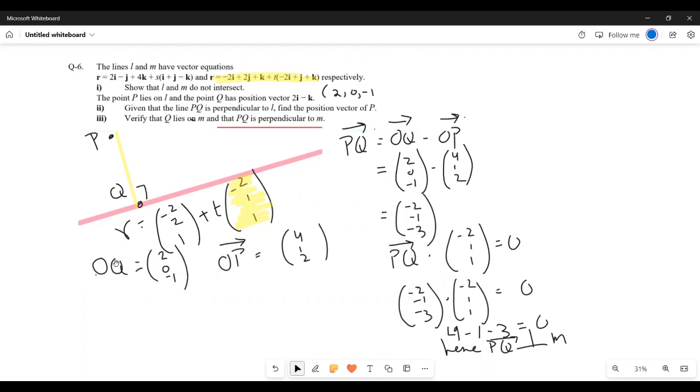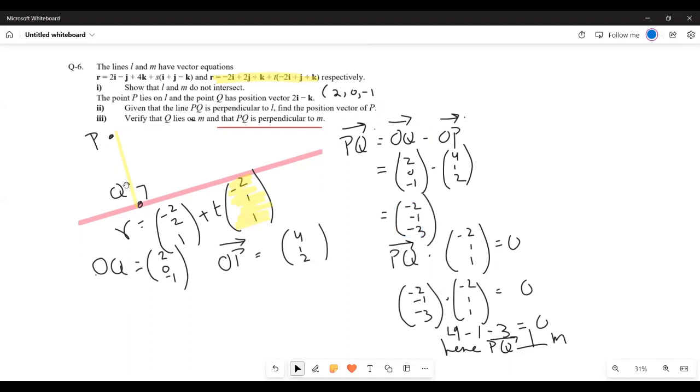Now from the previous part, we already have the point P or the position vector of P, and also from the question we have the position vector of Q, and they're saying that you have to show that the line PQ is perpendicular to this vector line M. So find the vector PQ first, which will be OQ minus OP, which is this.